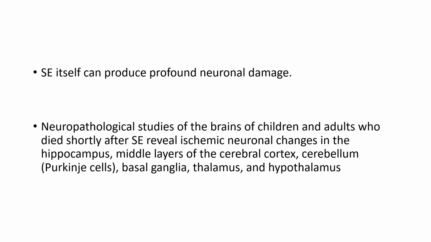Status epilepticus itself can produce profound neurological damage. Neuropathological studies of the brains of children and adults who died shortly after status epilepticus reveal ischemic neuronal changes in the hippocampus, middle layer of cerebral cortex, cerebellum, basal ganglia, thalamus, and hypothalamus.